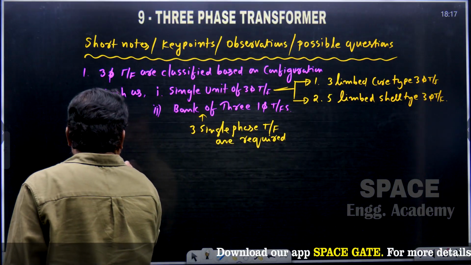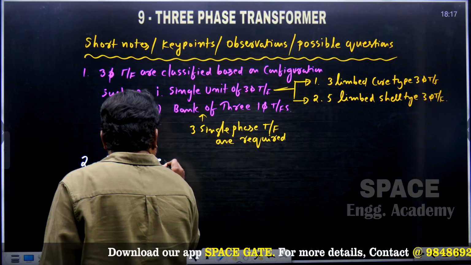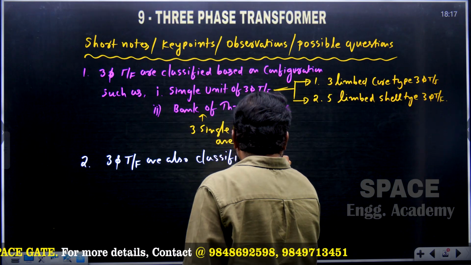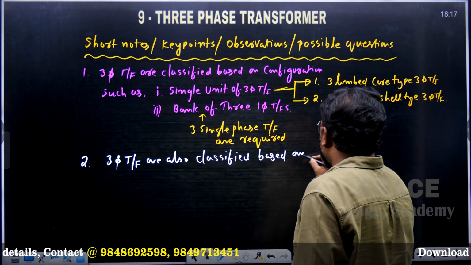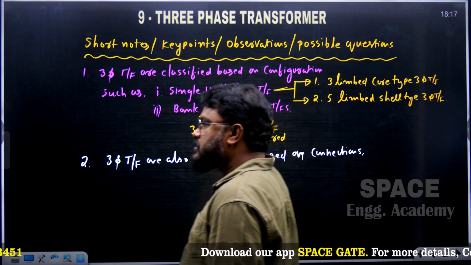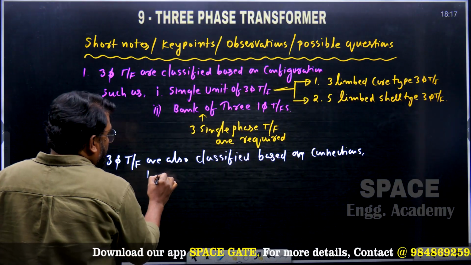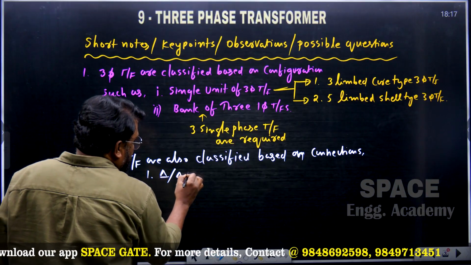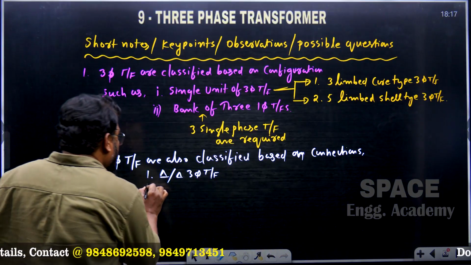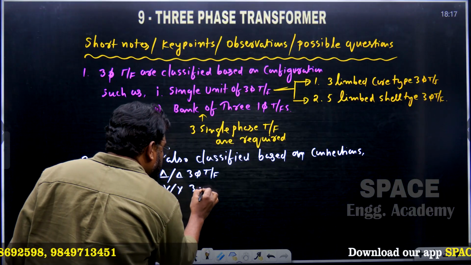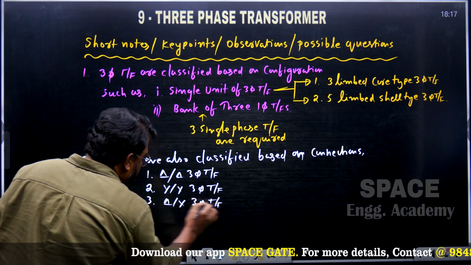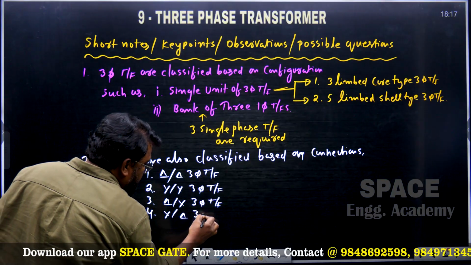Three-phase transformers are also classified based on the connections of the primary winding and secondary winding, such as delta-delta three-phase transformer, star-star three-phase transformer, delta-star three-phase transformer, and fourth, star-delta three-phase transformer.